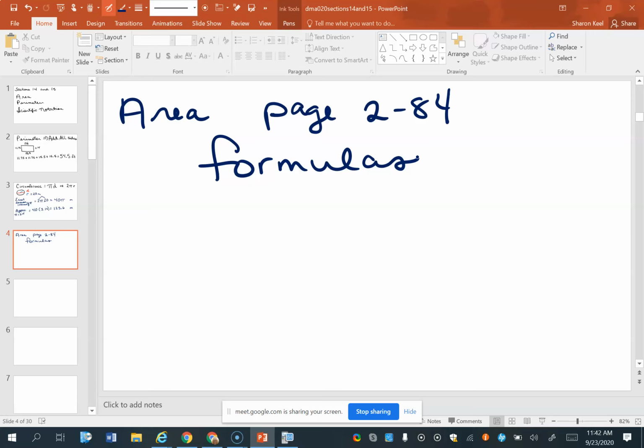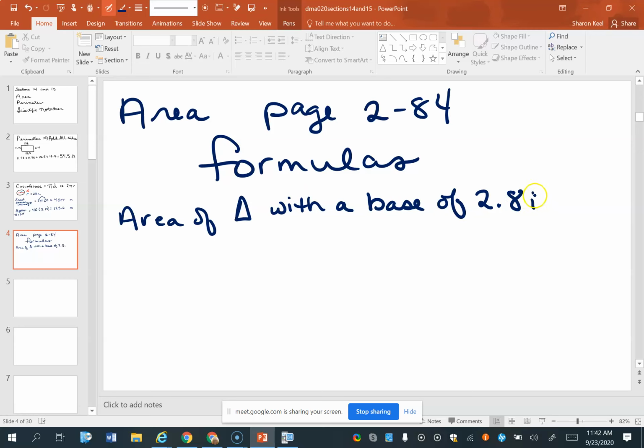Let's start and let's do a problem where we're being asked to find the area of a triangle. So we want to do the area of a triangle with a base of 2 and 7/8 inches and a height of 3 and 1/4 inches.